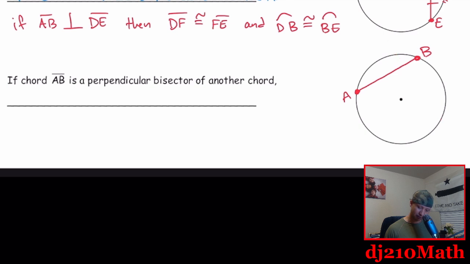Then it has to be the diameter. You have a chord AB and it is a perpendicular bisector. So that means the other one, CD, is going to be the diameter.